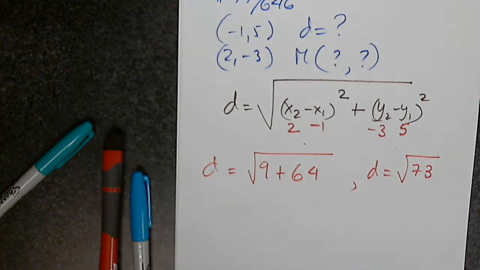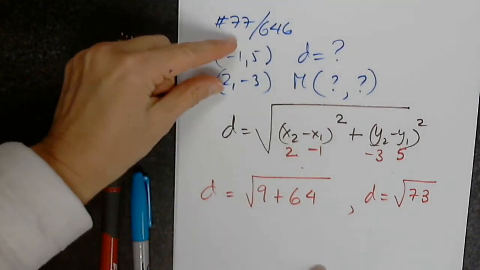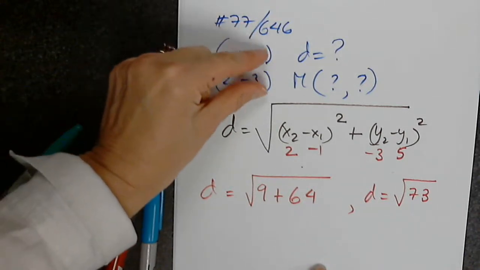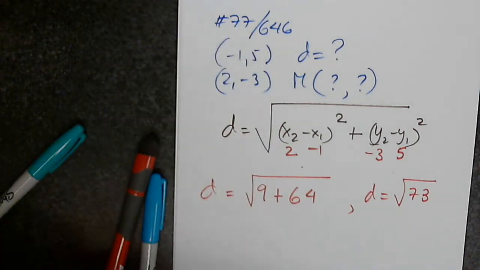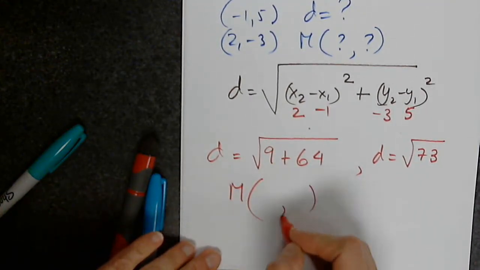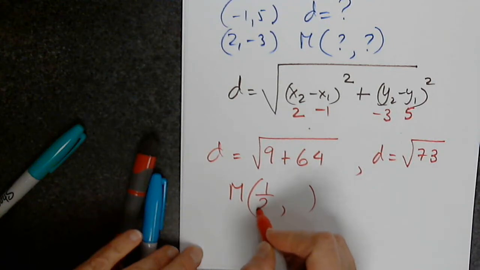Now let's find the midpoint. Remember, the coordinates of the midpoint are the average. Add them up and divide by 2, and then add them up and divide by 2. So add the x's up, of course taking care of their signs. So I'm adding 2 to -1 and I get 1. And I have to average that.